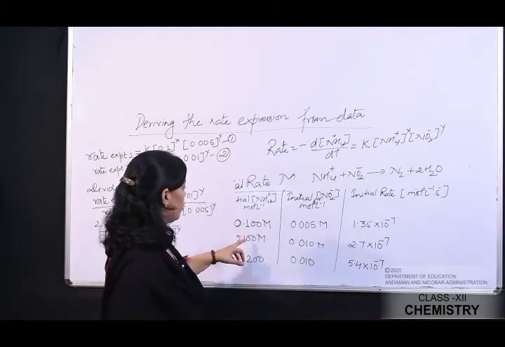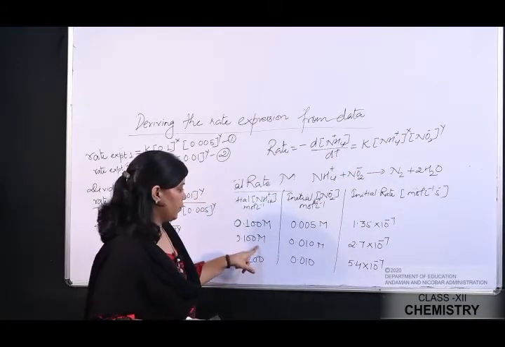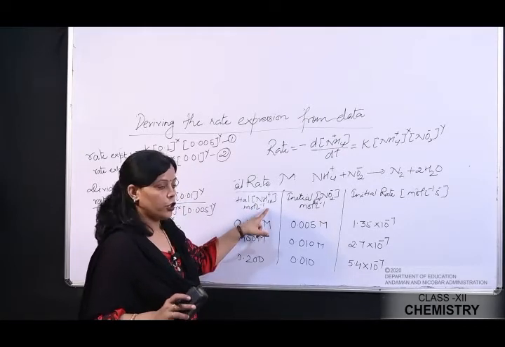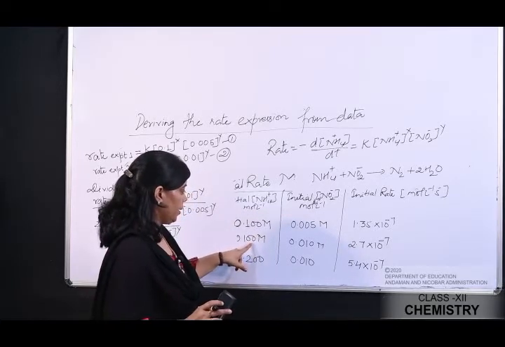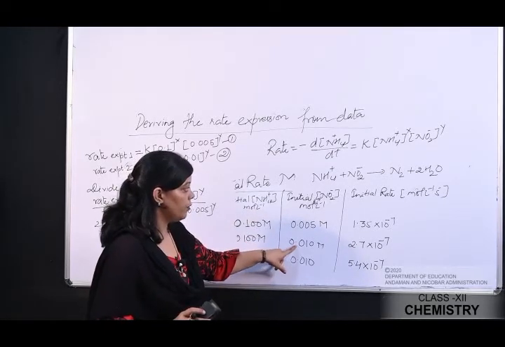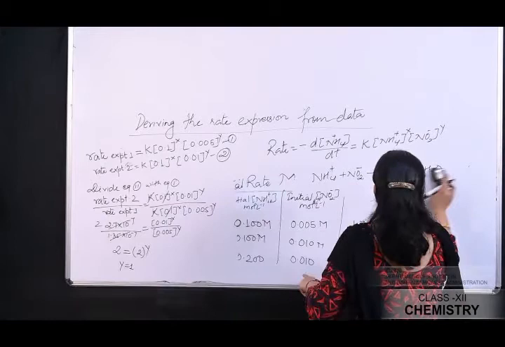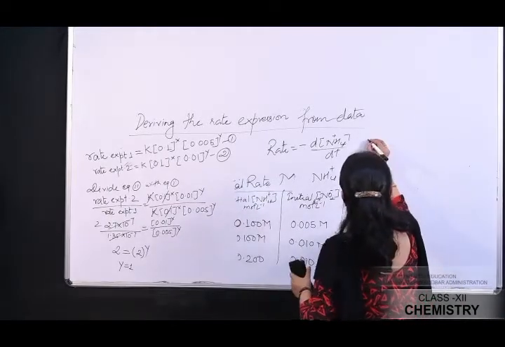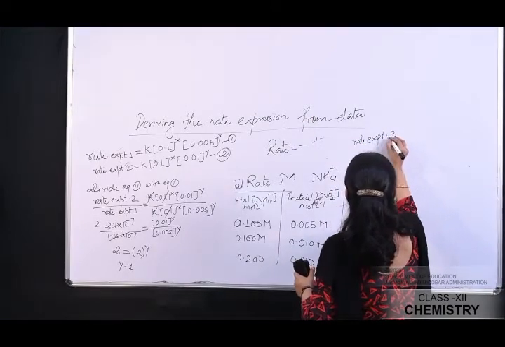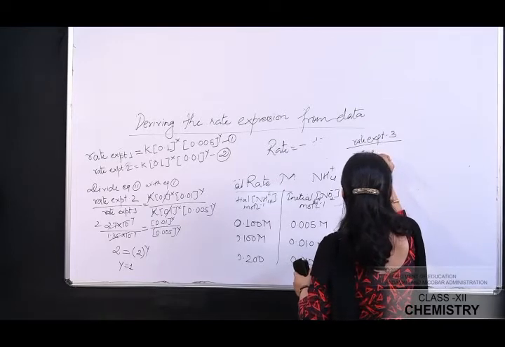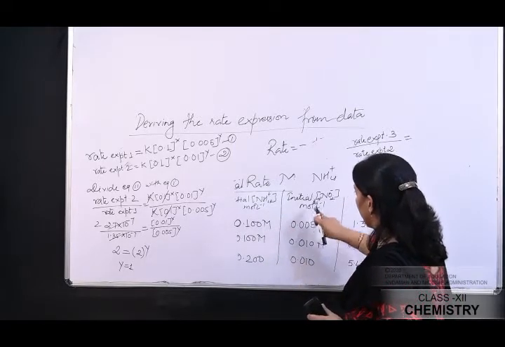Similarly, we can calculate the value of the exponent x, and the same strategy is adopted here, that we are taking the 2 experiments for which the concentration of one reactant remains the same, whereas the concentration of the other reactant is changing. In experiment 2 and experiment 3, the concentration of nitrite ion remains the same, whereas the concentration of ammonium changes. So similarly we calculate the rate for experiment 3 divided by the rate for experiment 2. What is the rate for experiment 3?